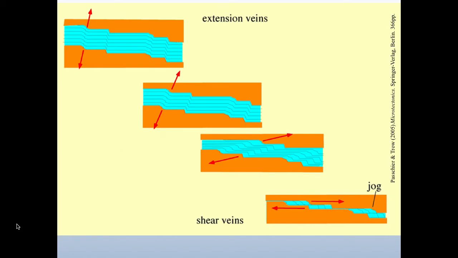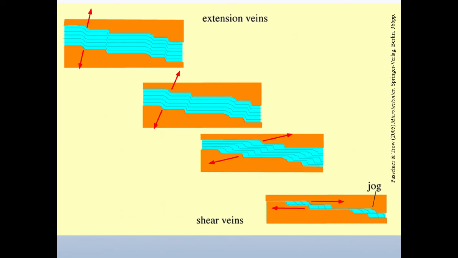the strain that's occurring. What's shown here are some diagrams of veins. In this case, the fracture is filled with some material, and often there'll be a crack, and it will fill in, and then it'll re-crack.